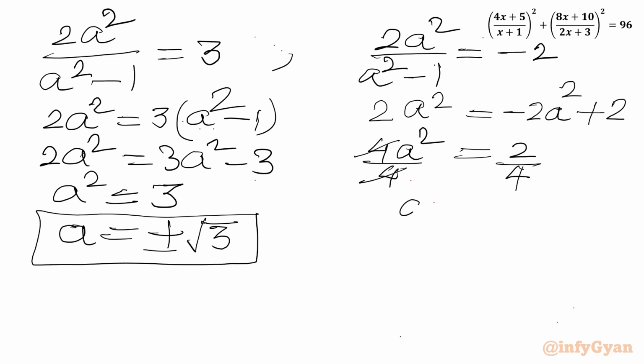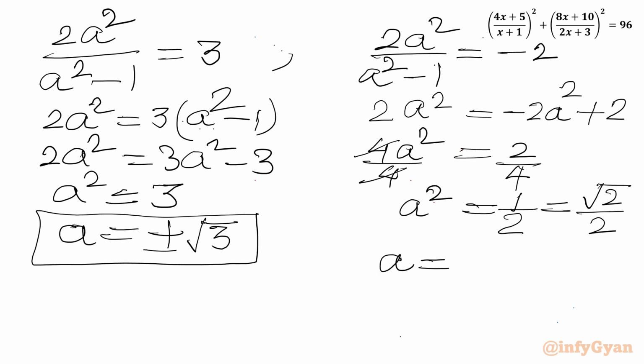So we can write a square will be equal to half. So a will come out, I will write here plus minus 1 over root 2. Let us consider this one.